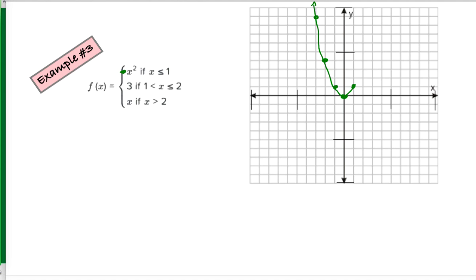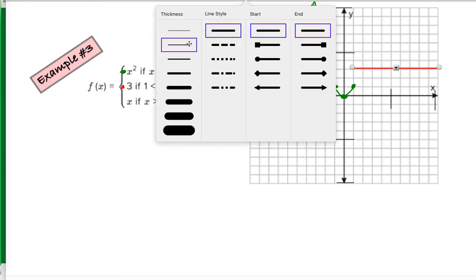So let's do red for this one. If I am between 1 and 2 inclusive, it is the line y equals 3. Well, once again, here is the line y equals 3. But I only want to go up to 1, and that's going to be an open hole. So we're going to do this.